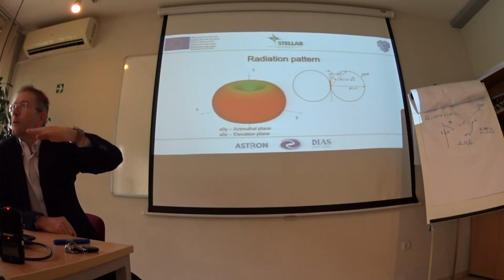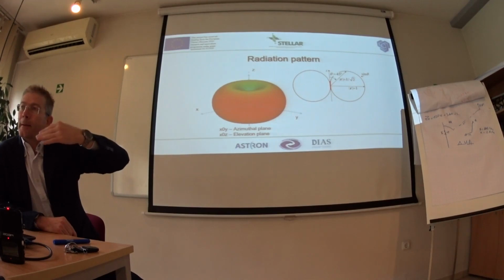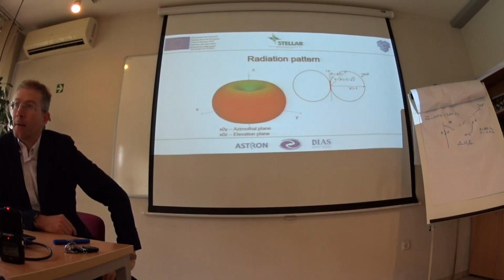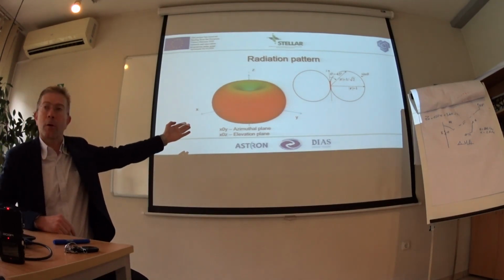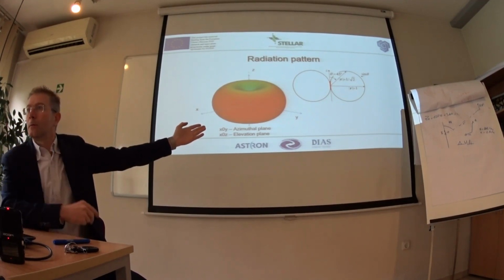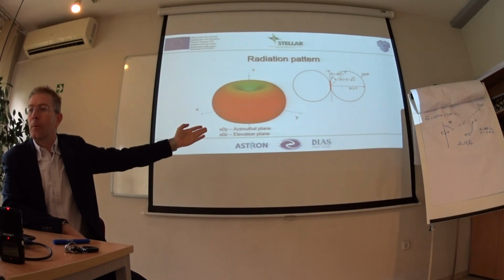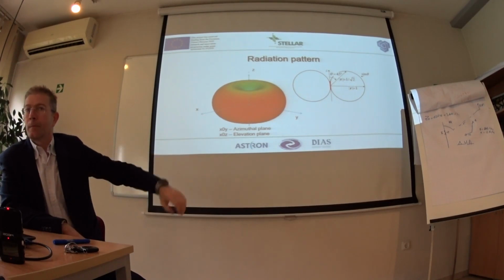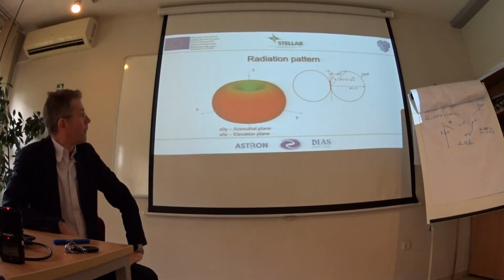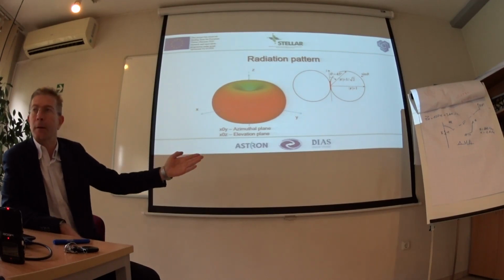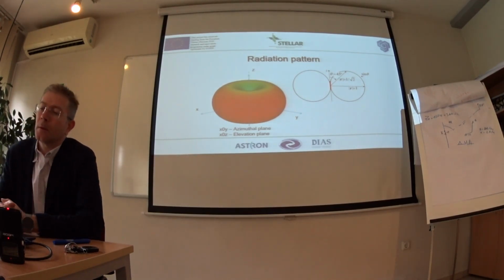And because the source has a symmetry in one plane, the overall pattern, which is a three-dimensional figure, is also symmetrical in one plane. So it looks like a donut. Okay. So this is how the very simple radiation pattern looks like.